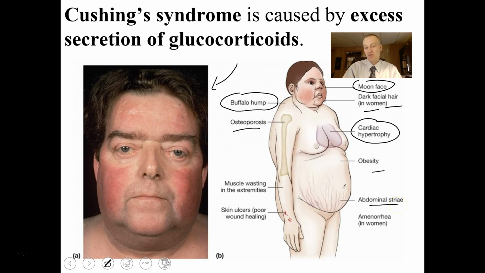From the growing of the stomach, you might have striae, which is scar tissue from the increasing size of the abdomen. Amenorrhea, which is the cessation of the menstrual cycle in females. Skin ulcers, poor wound healing, muscle wasting in the extremities. So this is not a very good condition to have.